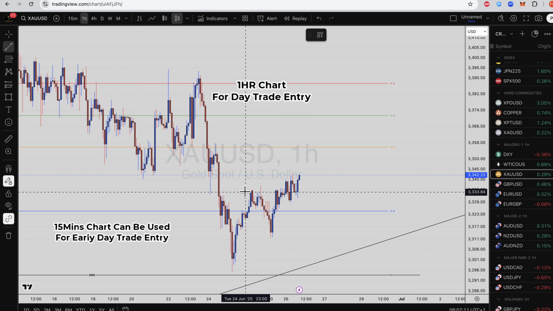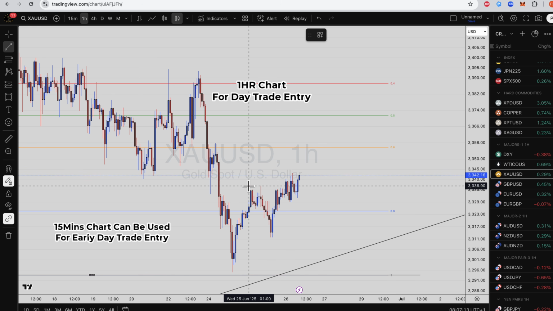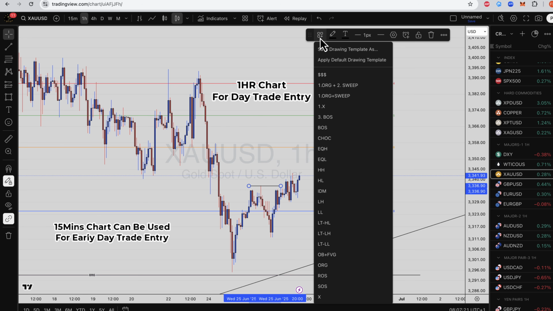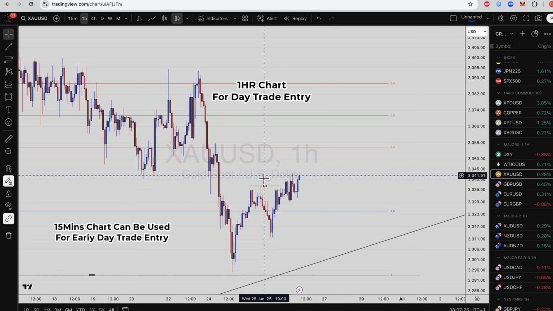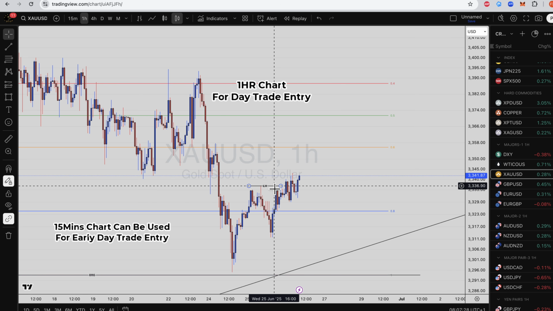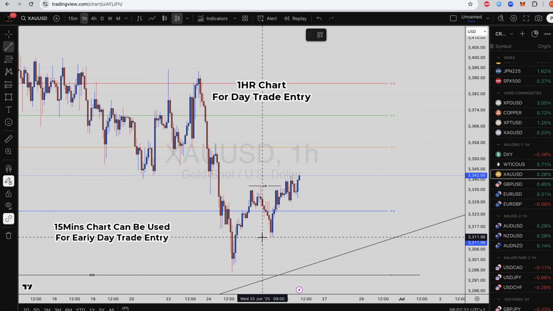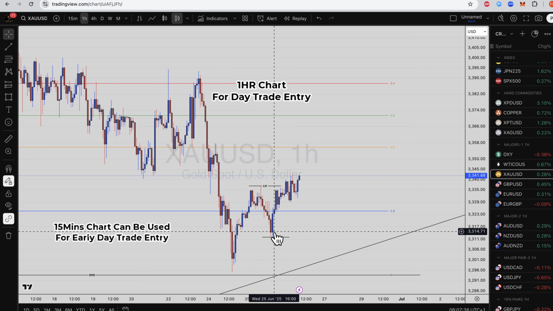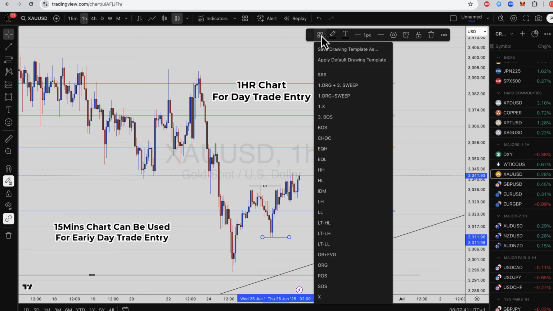So we can mark this level right here before the higher low as an internal lower high, because we actually thought the market was going to continue all the way down. This is our lower high, an internal lower high. Right here we got our first higher low, because it's higher than this lower low, so we can tag it as the first higher low.